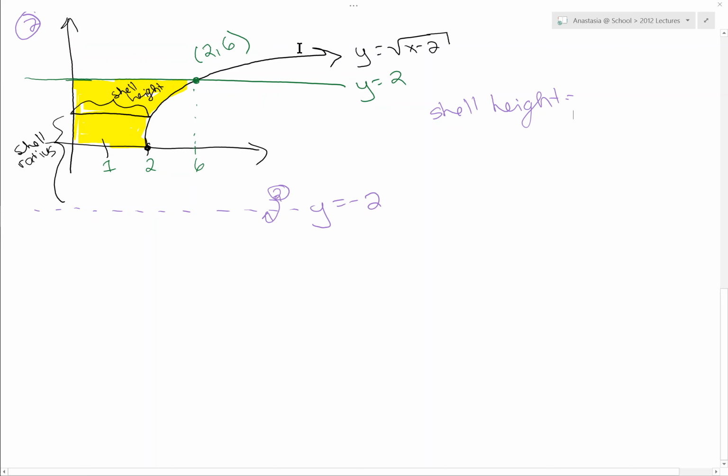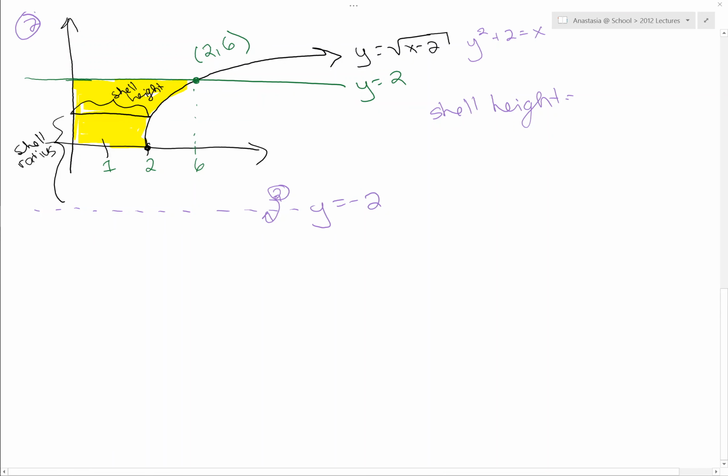It's the distance from the curve y equals the square root of x minus 2 to the y-axis, which is x equaling 0. And since we're still going the same direction here, we still need to put everything in terms of y. So solving our curve for x, we get x is equal to y squared plus 2.